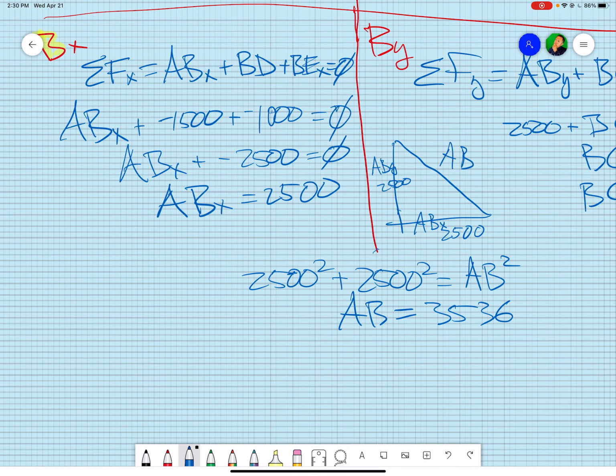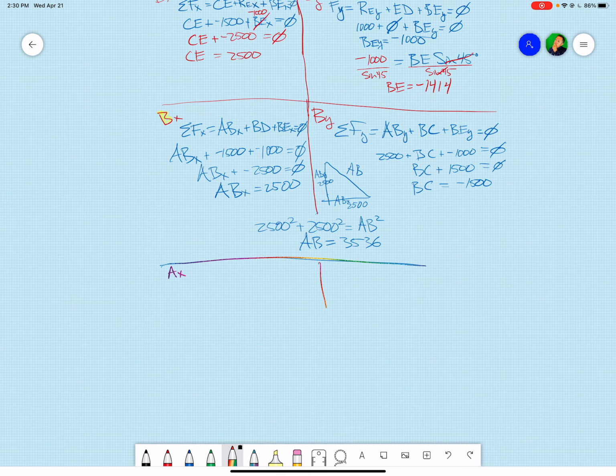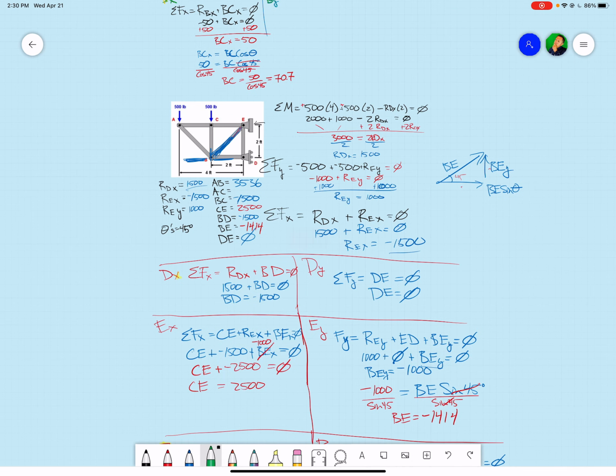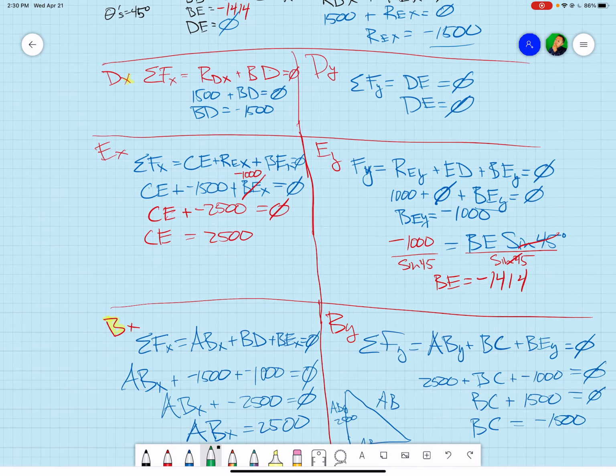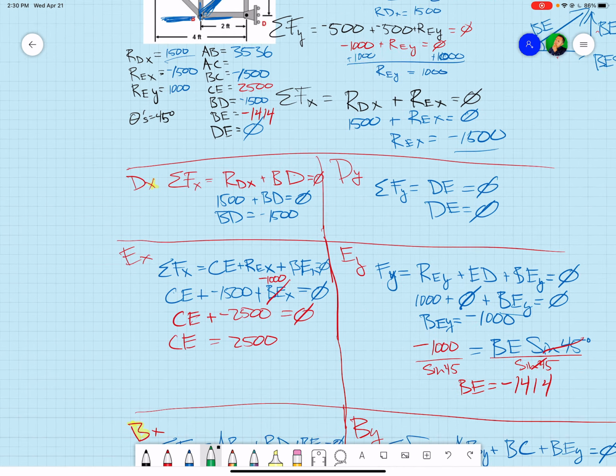Let's go to A. So we have A in the X, and we have A in the Y. All right, A in the X. What do we got? We have the horizontal piece here, which is AC, and we have the horizontal piece of AB in the X. That's the only thing we got going on in the X.